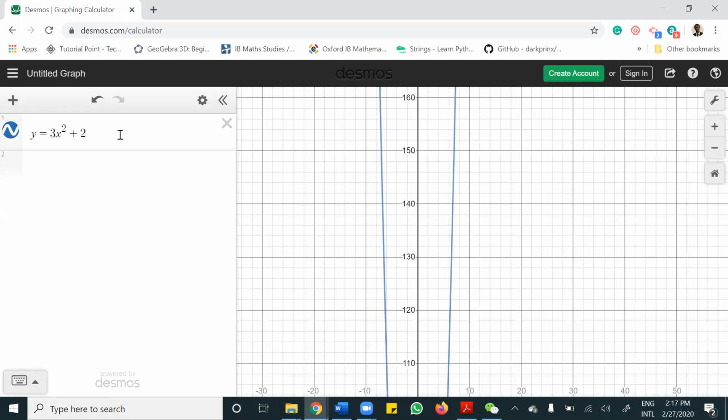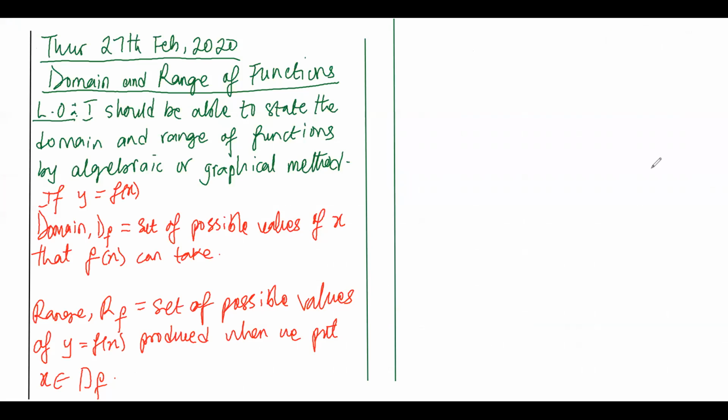So my point is all values of x can be substituted, whether positive or negative x. So for this function, I could say my domain is, so maybe we write that on the board. Let's say find the range of.